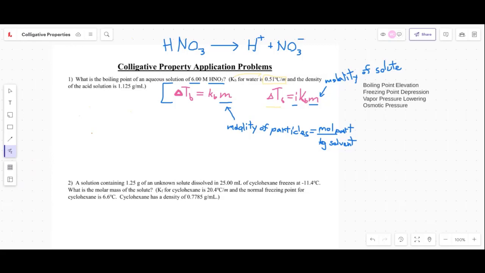Now, what is molarity? I see 6.00 molarity. What does that tell me?